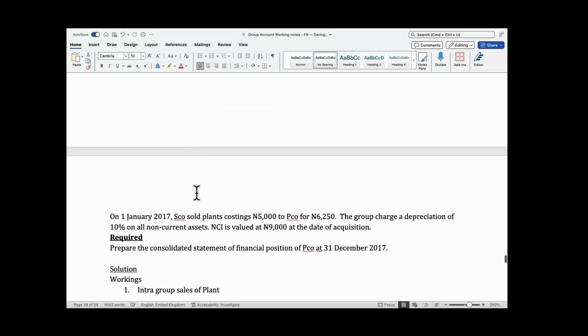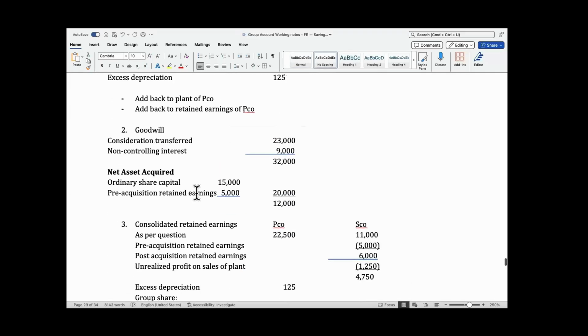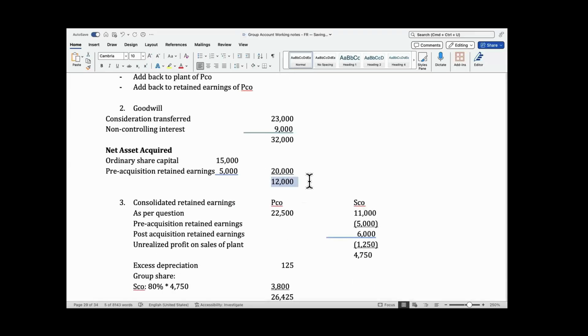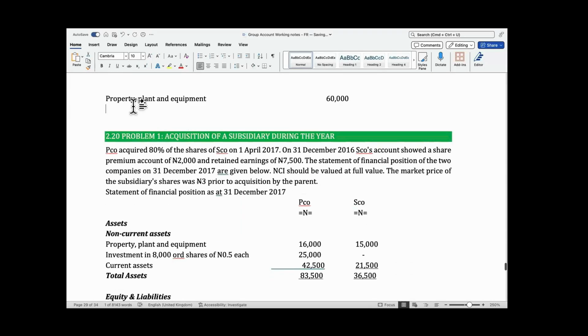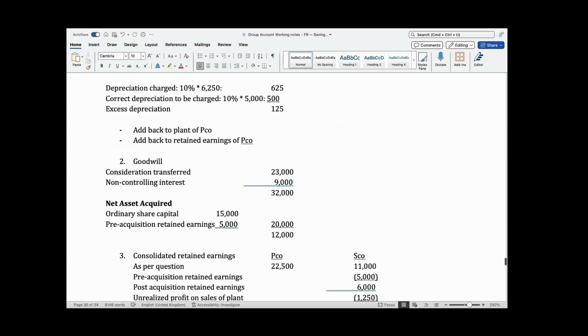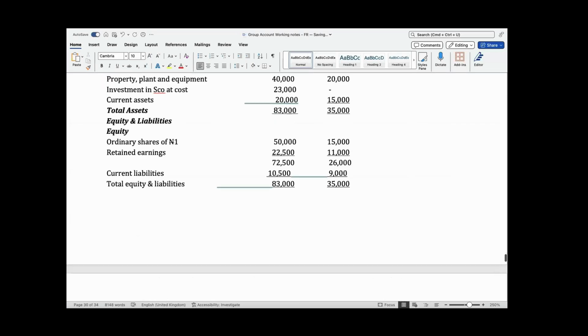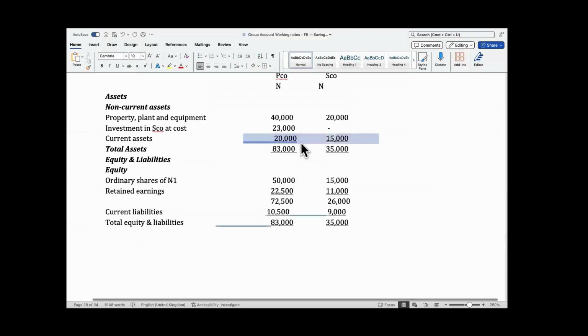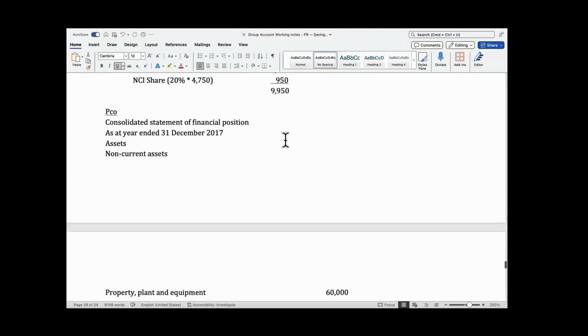Investments that have been cancelled out, giving goodwill of 12,000 in working 2. Then my current assets. What's the addition? 35,000.